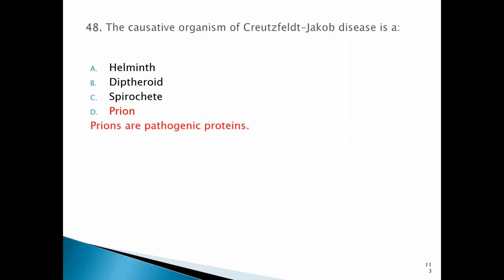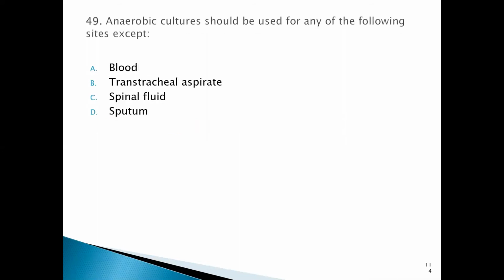Okay, the answer to this is prion, and prions are not bacteria, they're pathogenic proteins. And that is another hot topic on this study exam, Creutzfeldt-Jakob disease. I would advise you guys to read that chapter in the APIC text.